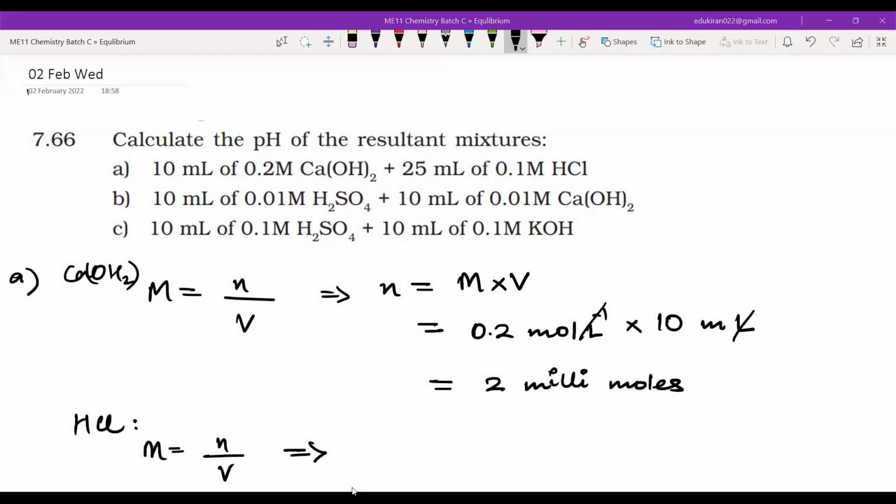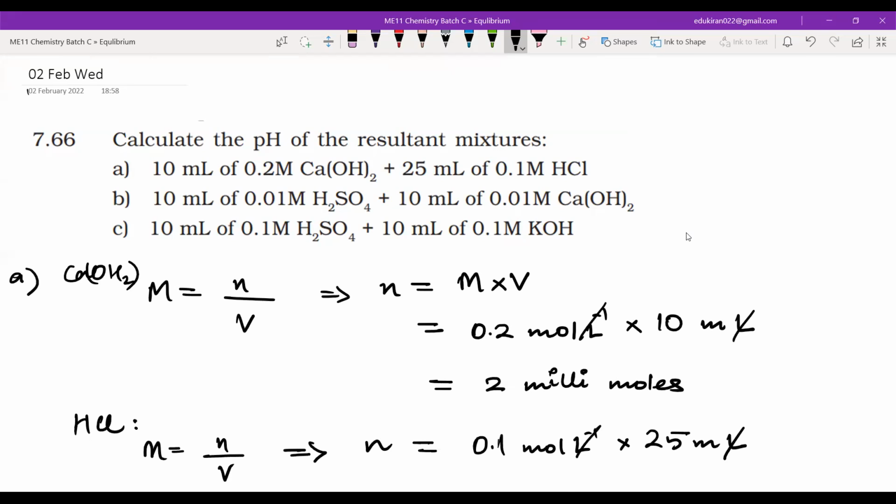Yes, correct, Samara. So similarly for HCl also we'll calculate the number of moles, and the number of moles will be equal to the molarity. The molarity is 0.1 molar, that means 0.1 moles liter inverse into the volume of 25 milliliters.